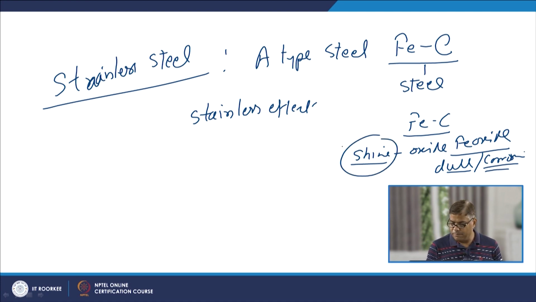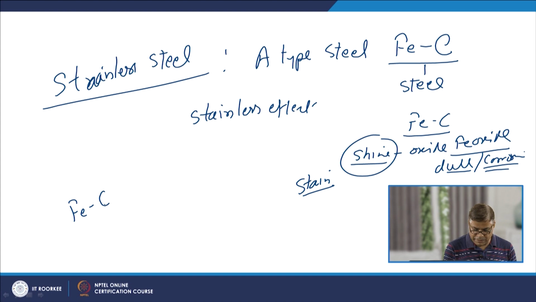So, due to the development of various stains on the surface of the steel, the shine is lost. But in a category of steel where, apart from iron and carbon, the chromium content is above 12%, the steel gets a stainless effect.